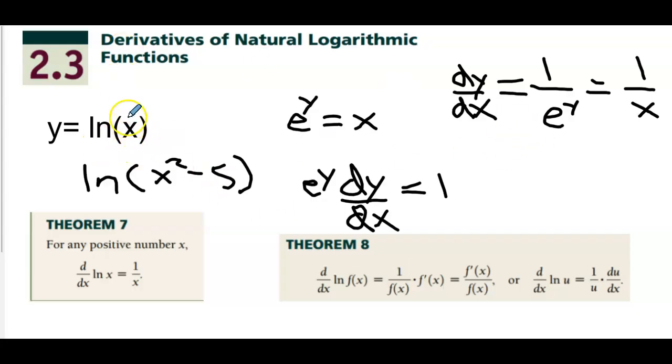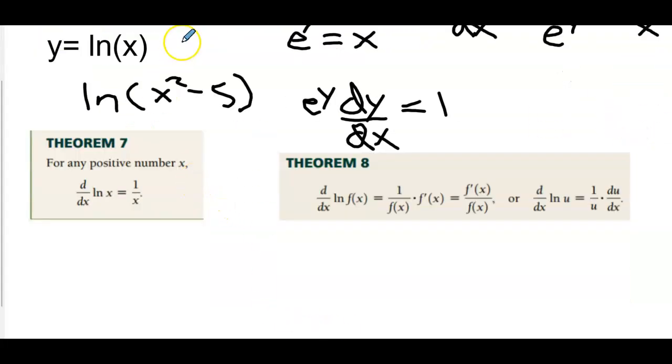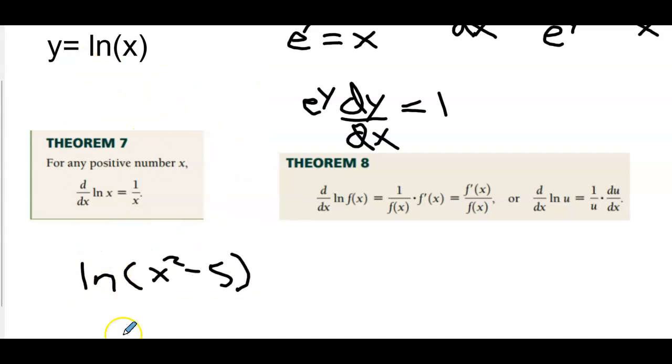Similar to how the derivative of natural log of x is 1 over x, the derivative of natural log of x squared minus 5 begins by putting the argument x squared minus 5 under 1.